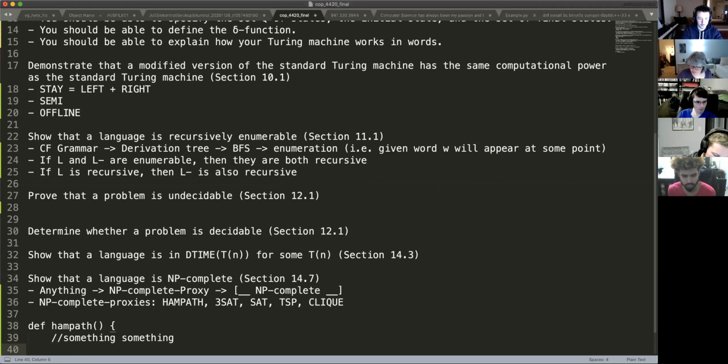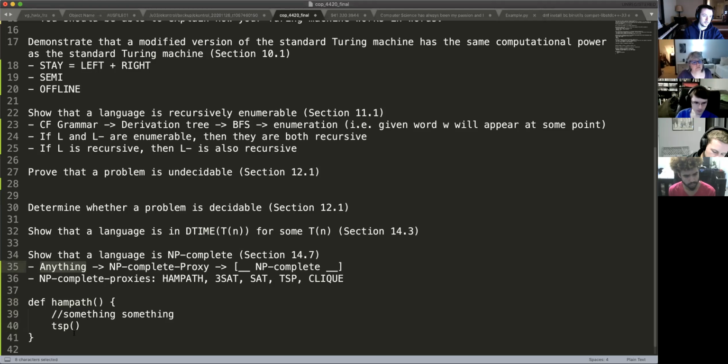And in doing so, we know that ham path is NP complete by definition or by the book. So any problem can be reduced to ham path. Now, since ham path itself can be reduced to TSP, that basically means that anything can be reduced to TSP as well, because you can reduce anything to ham path and then from ham path to TSP. Therefore, by definition, TSP must be NP complete. This is as simple as it gets.